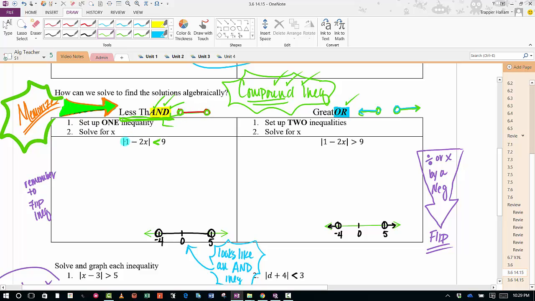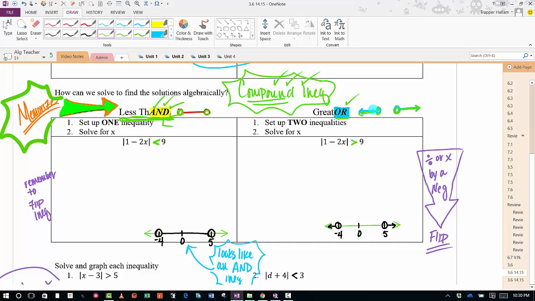All this means is that when you see an absolute value and a less than sign, you know your solutions are going to overlap. That's it. It's just helpful. And if you get a greater, see the play on words, or, then you're going to get an or compound inequality where the solutions go away from each other. Okay, so that's just a helpful clue to let you know what your solution is going to look like when you're done. The process is the same.